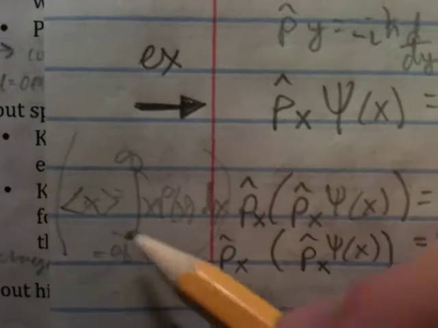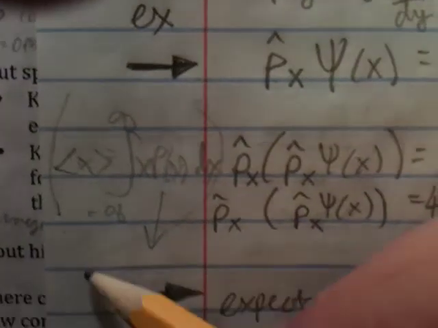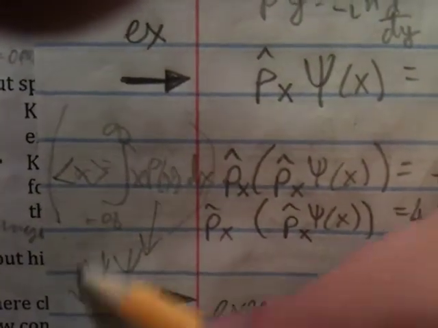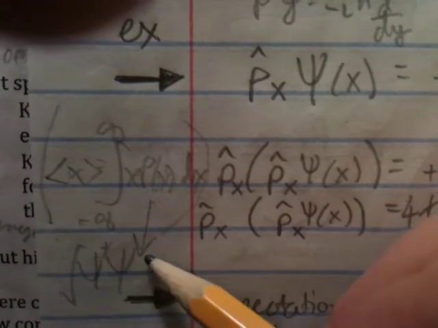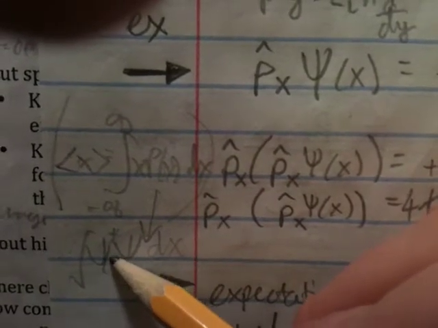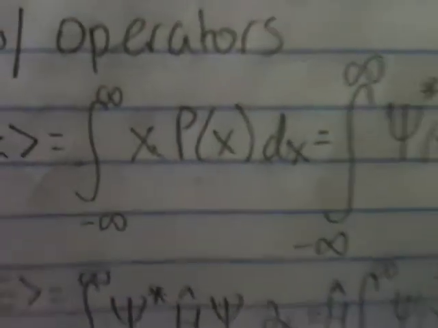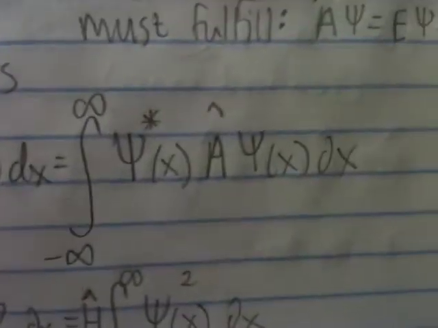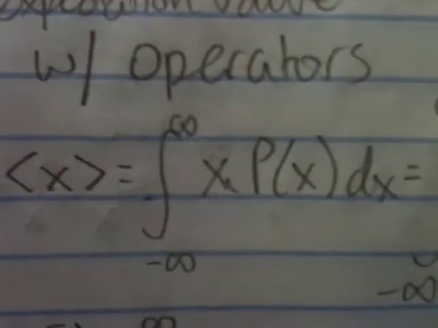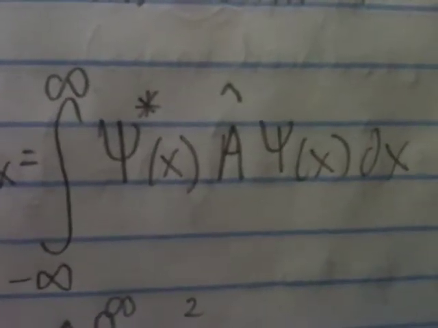And if we had some two functions, then this would have been psi star and psi dx, with some sort of operator in here. Call it A, call it H, call it whatever. In this case, expectation values with operators look like this, the A hat being your operator. So before, like this. Now if you introduce an operator, it looks like this.